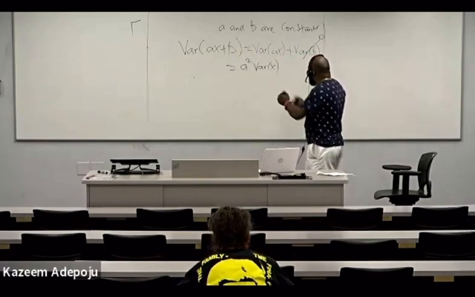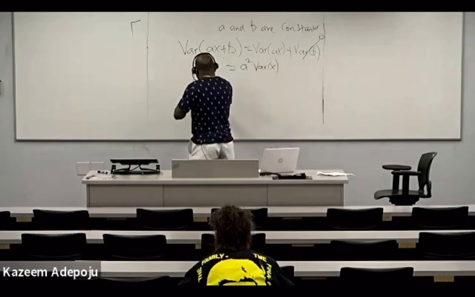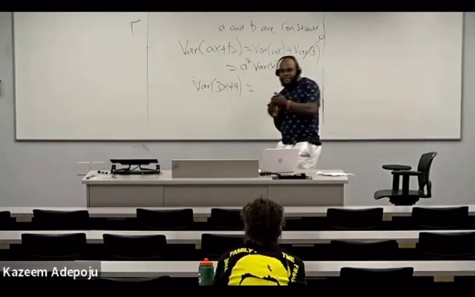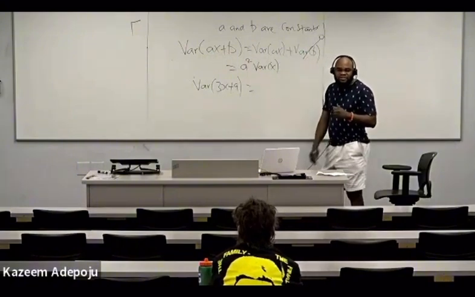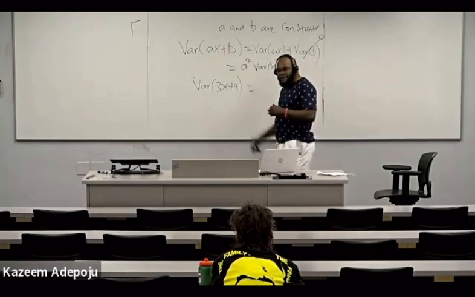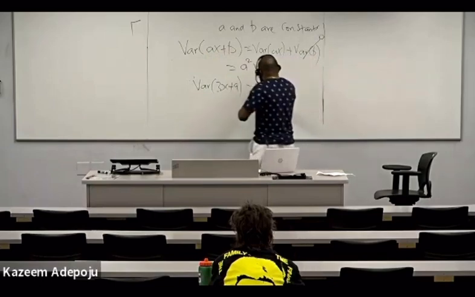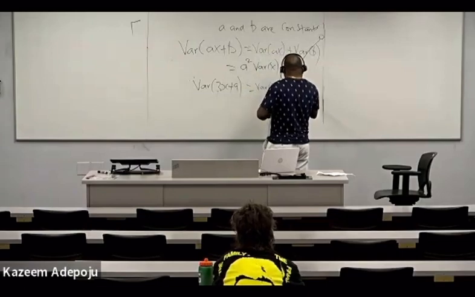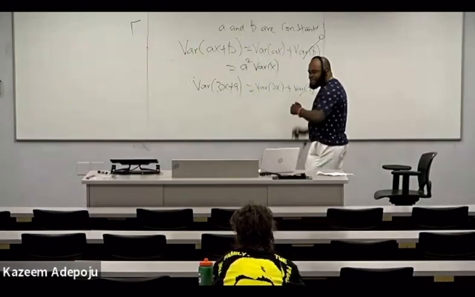An example of this: if I ask you to find the variance of 3x plus 9, the 3 and 9 are constants here. I'm going to write this plus the variance of 9, and the variance of 9 is 0.